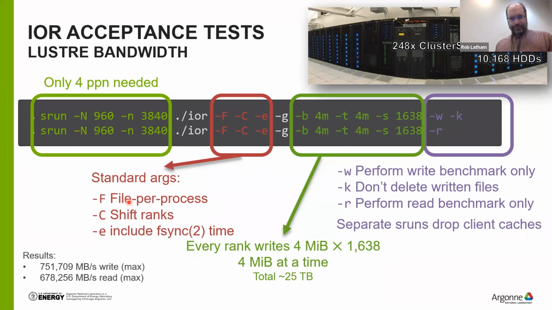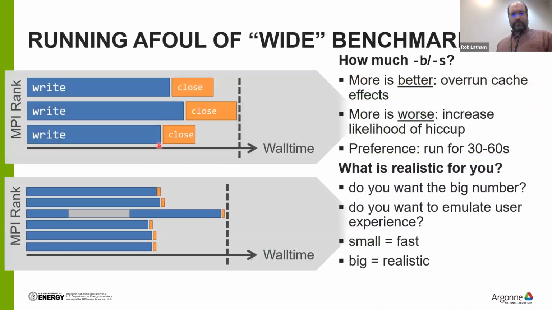We're just going to write the file, and then we'll see what the results are. Now, is that accurate to your application? Well, it's probably not what every application is doing, but you have this trade-off of what I'll call a wide benchmark versus a more application-typical number.